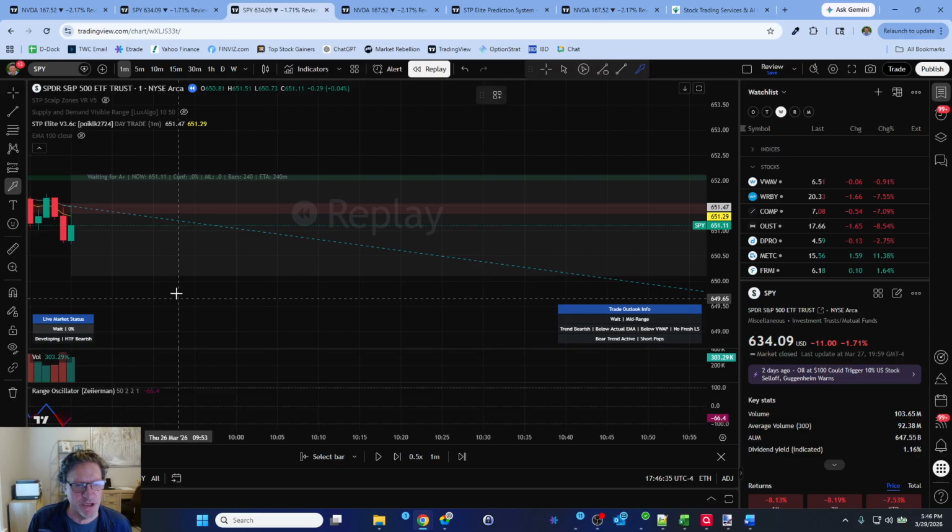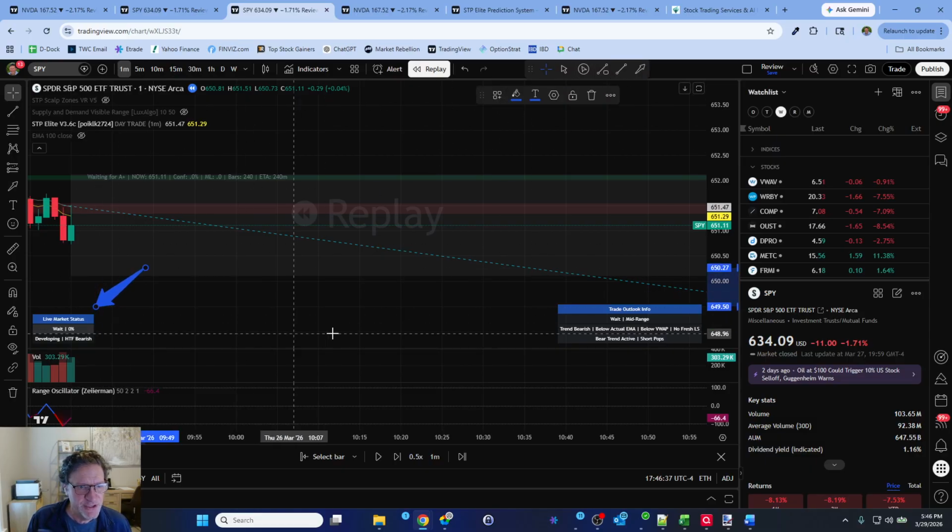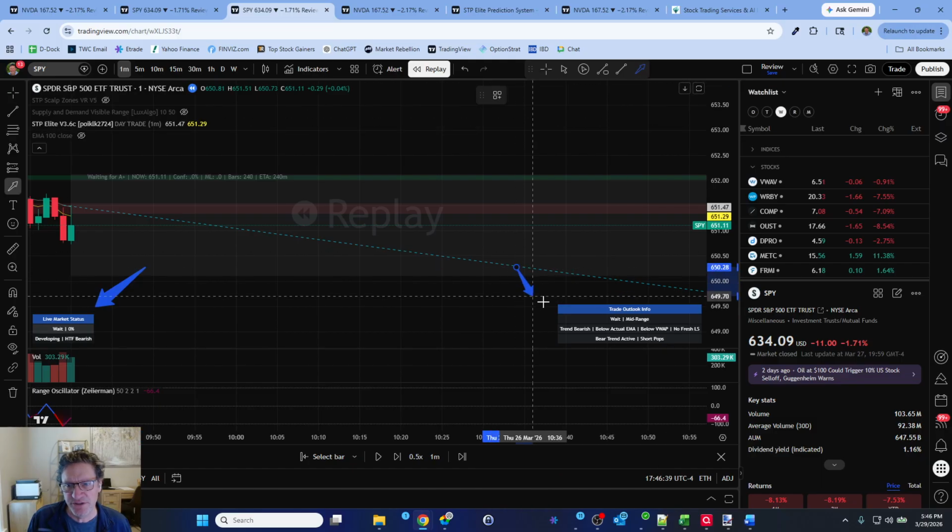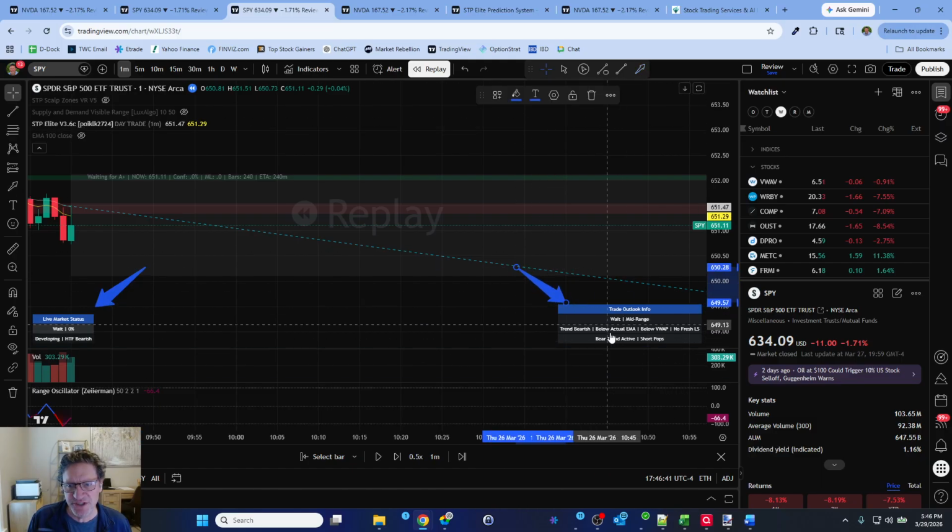So here on my chart, you'll see this table and you'll see this table. This table to the right is the outlook information. And this is forward thinking. This gray shaded area is saying waiting for an A plus trade right now. This happens to be on 3/26, that Thursday morning.